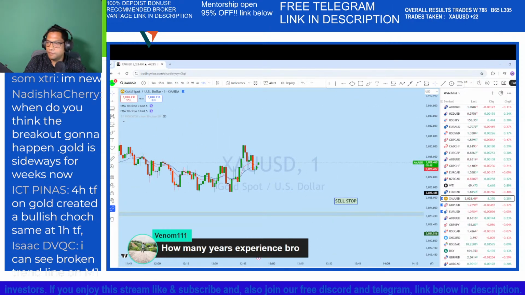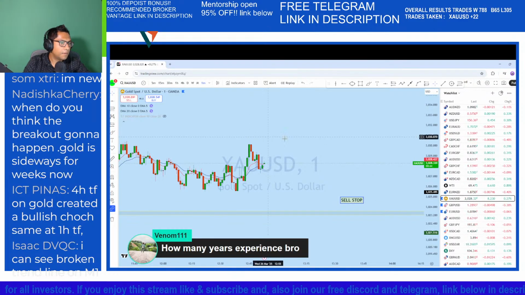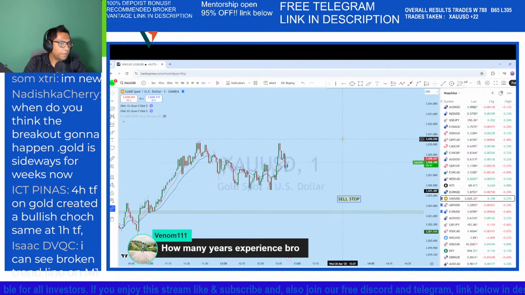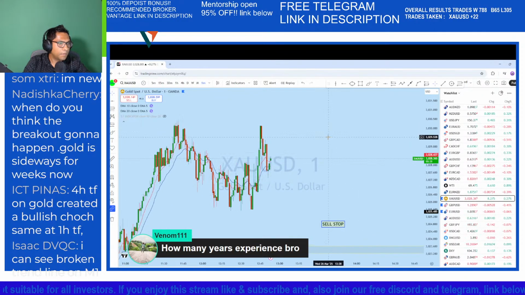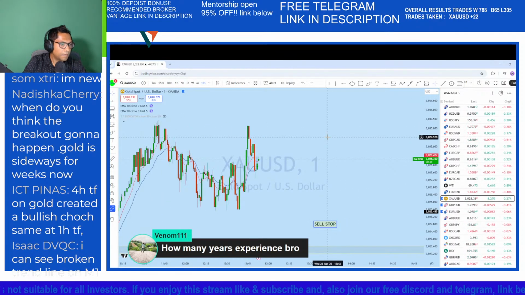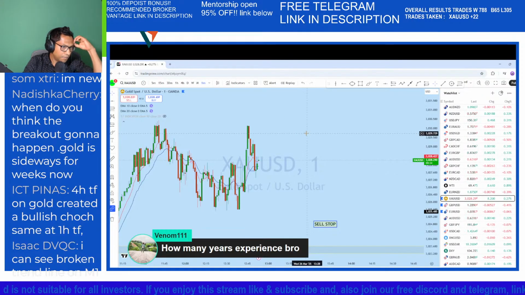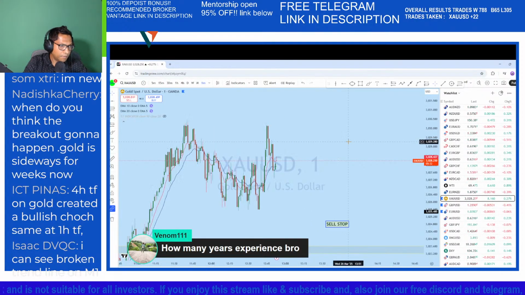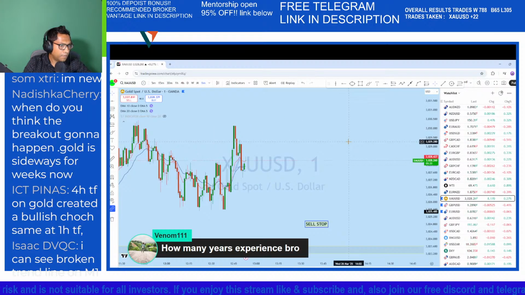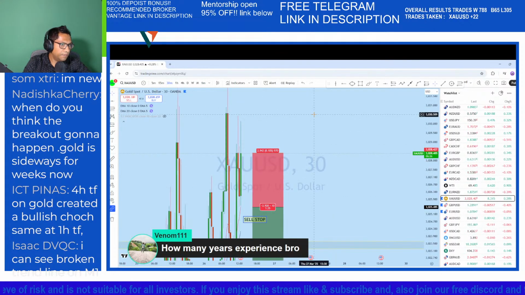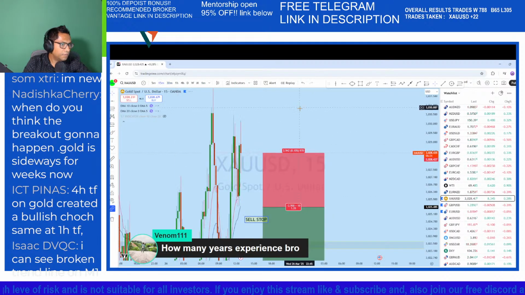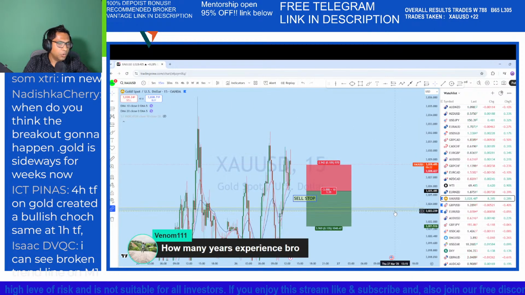There's a gap open. This area is bullish, but both ways are possible.